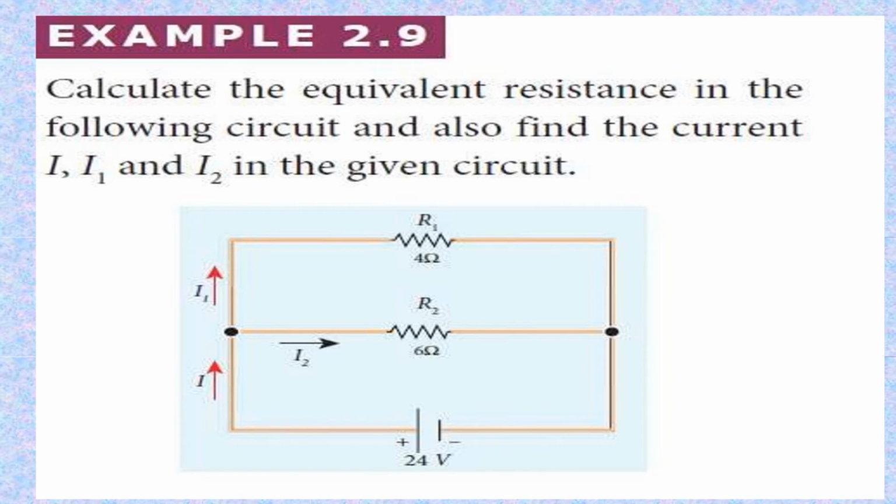Now, to understand this concept better, here is an example. Calculate the equivalent resistance in the following circuit and also find the currents I, I1 and I2 in the given circuit. You can see R1 is 4 ohms, R2 is 6 ohms, while the battery is 24 volts.